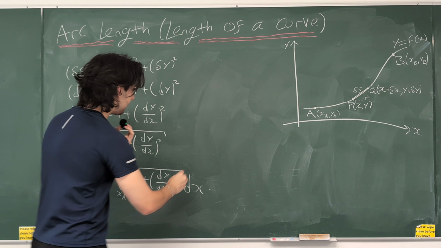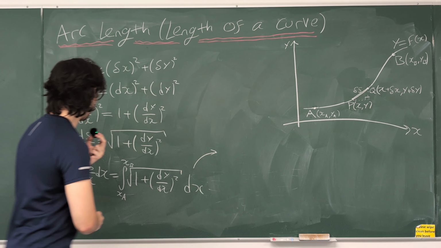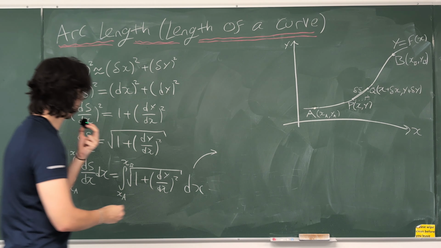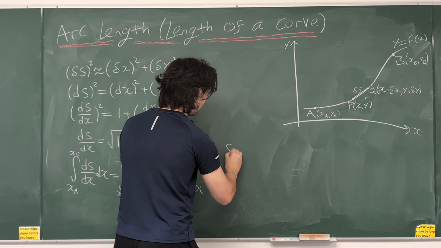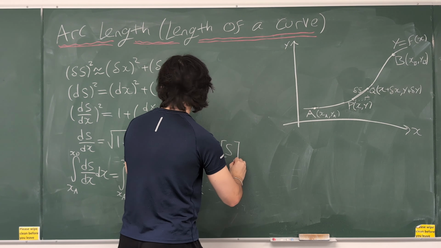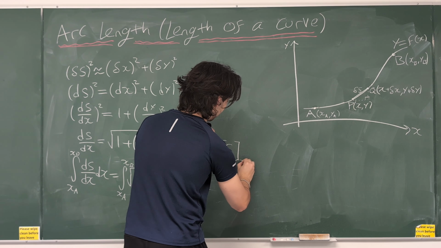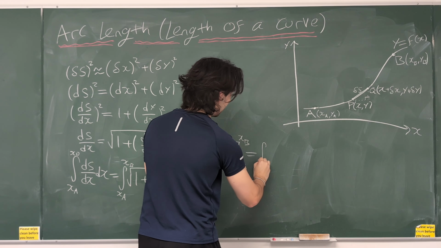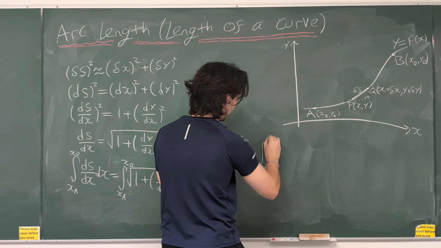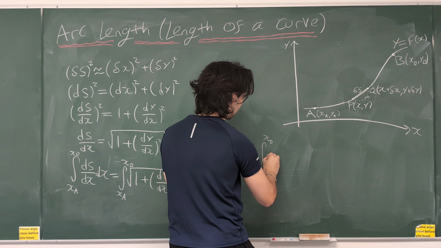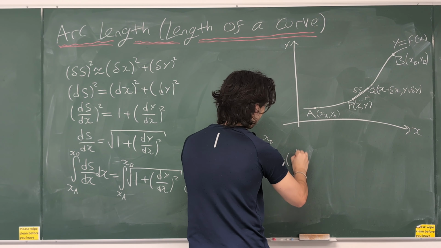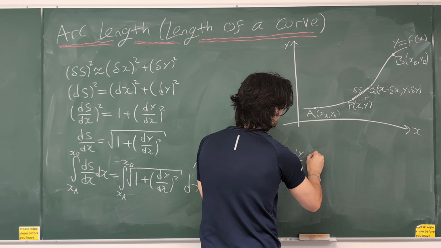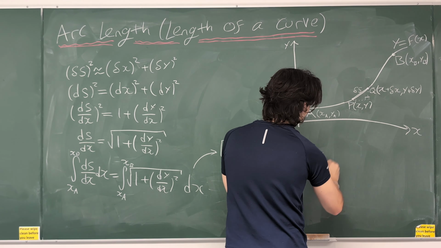And what I'm going to get is, this expression here, ds/dx integrated, is just s. So I've got s on its own, evaluated from xa to xb, equals the integral, again from xa to xb, of the square root of 1 plus (dy/dx) squared dx.